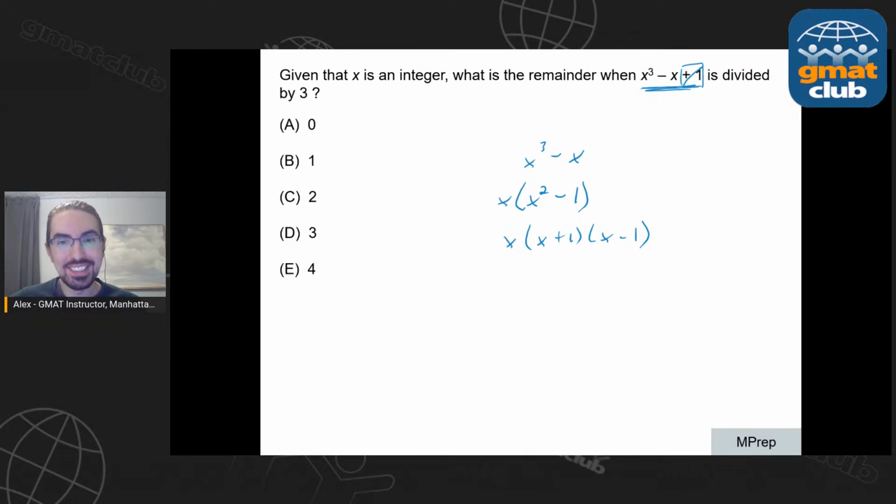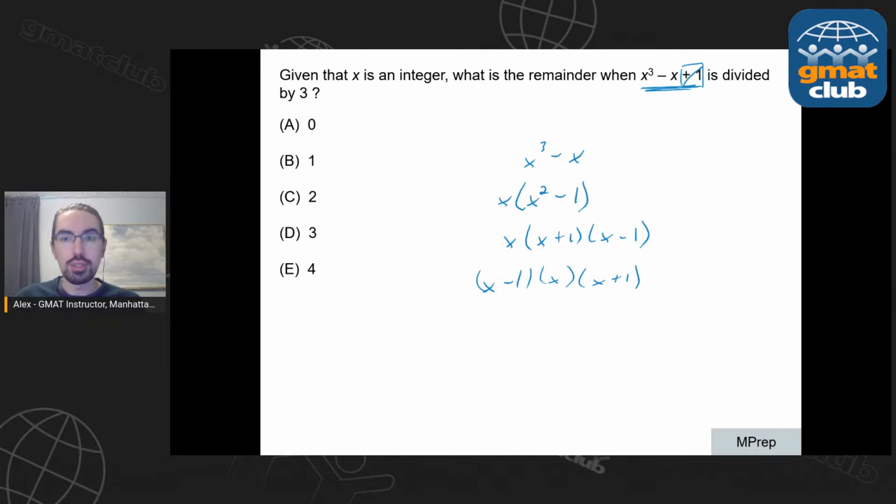And then you can reorder these three and see that, oh, it's x minus 1 times x times x plus 1, which is 3 consecutive integers. Exactly. And you can notice this, right? You can see x cubed minus x and now know, oh, that's 3 consecutive integers.